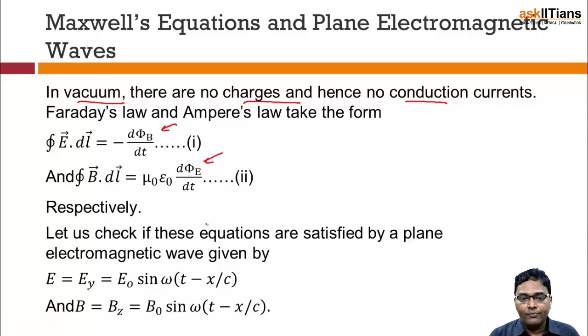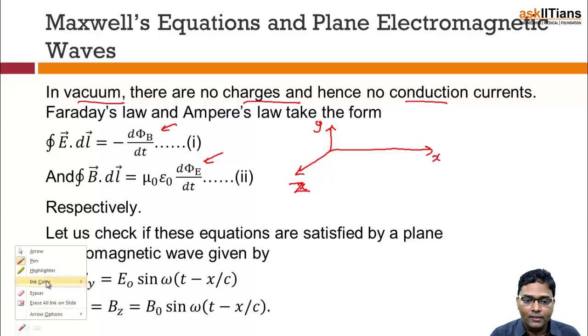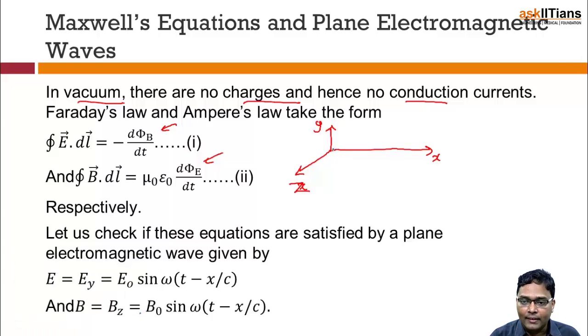Now let me put in the axes. Let's say this is our y-axis, this is our z-axis, and this is our x-axis, right? Now let's identify and talk about the different waves that are there.